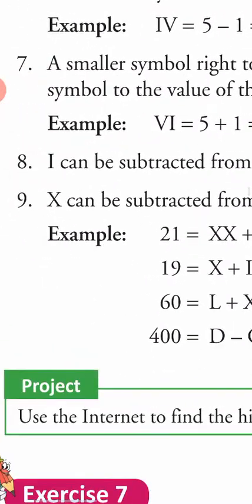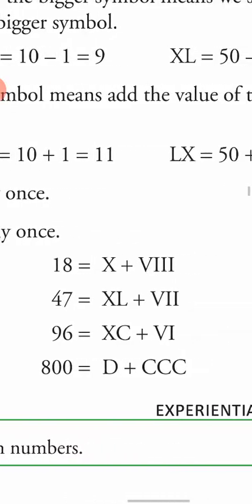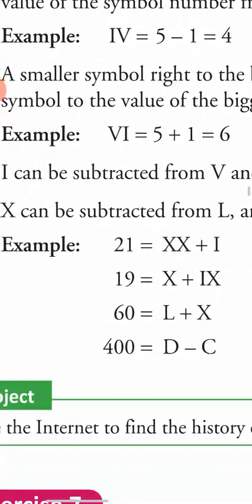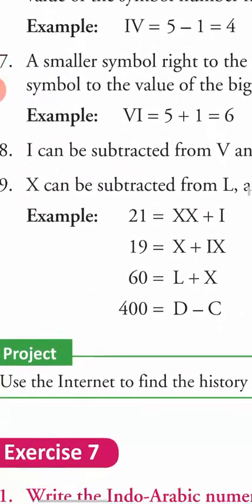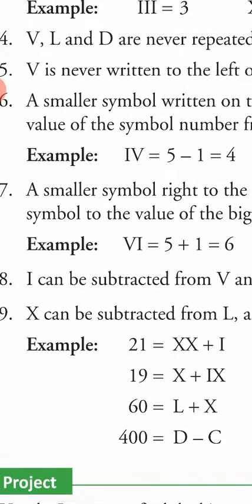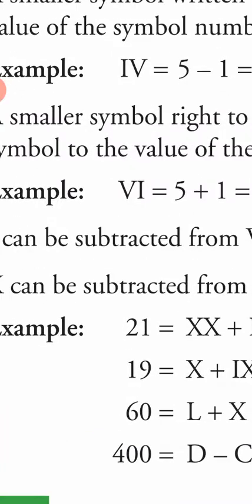Seventh rule, a smaller symbol to the right of the bigger symbol means add the value of the smaller symbol to the value of the bigger. Now this seventh rule is just opposite from the sixth one. There we were subtracting the smaller from the bigger one, and in this rule if the smaller symbol is written to the right of the bigger symbol, then we will add.